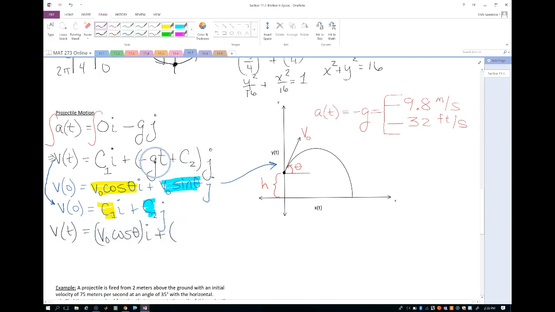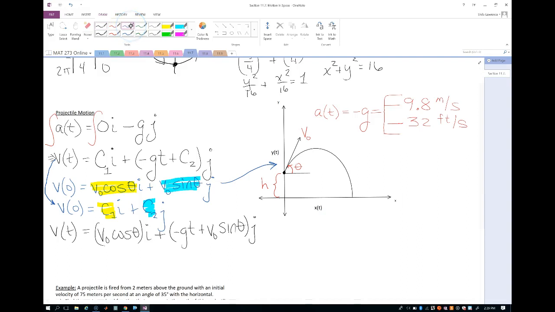And then for our j component, we've got negative gt plus, now c2 is equal to v sub 0 sine theta. So if we knew what system we were working in, we could replace the g, and we could also replace initial velocity and sine and cosine theta if we had the specifics for the start of this problem.